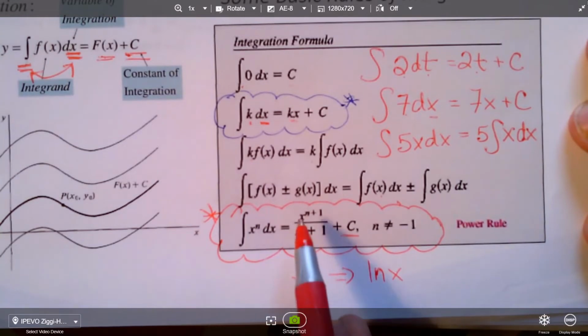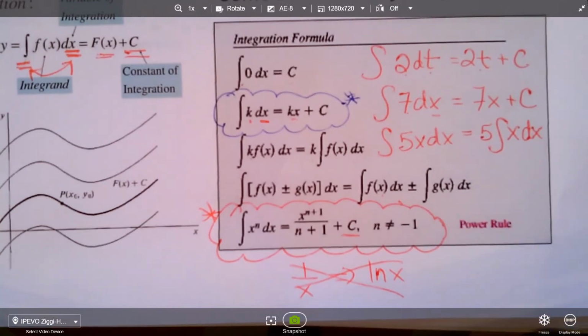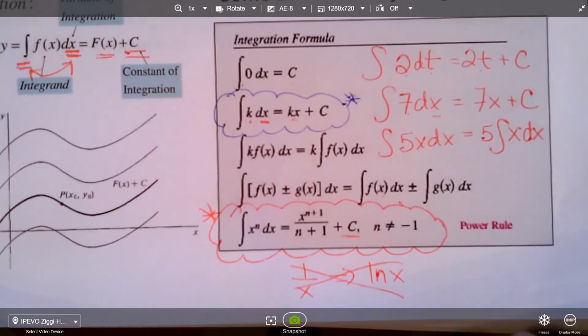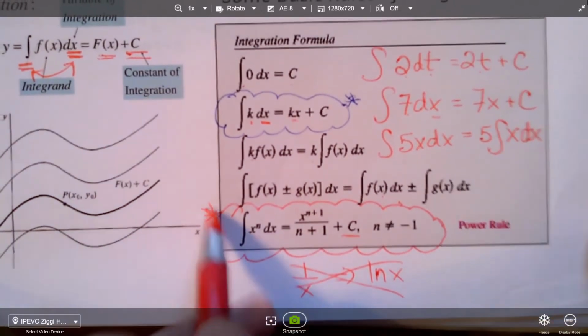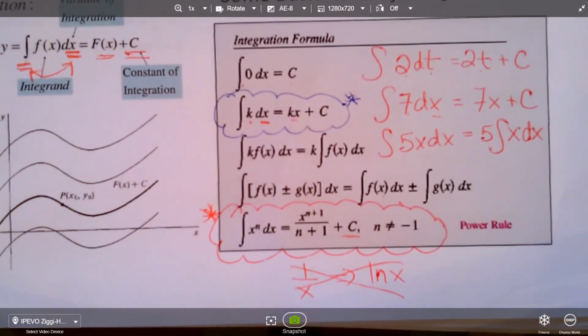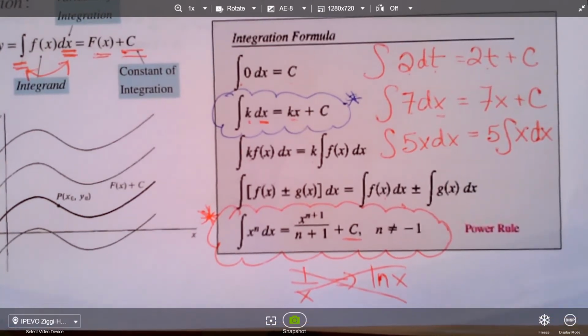So it doesn't follow the power rule, it follows the ln rule. So we don't do that one. Any other power, though, is fine. It can be decimals, fractions, negatives, positives. It just can't be negative 1. That's our only rule. I don't really want to explain too much more than that. It's always easier just to do the math instead of seeing a bunch of formulas. So how about we just jump right in?